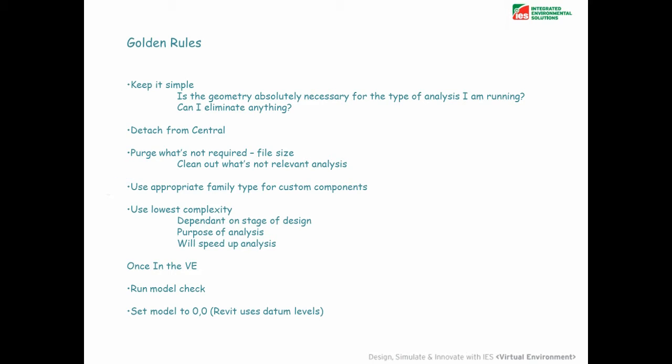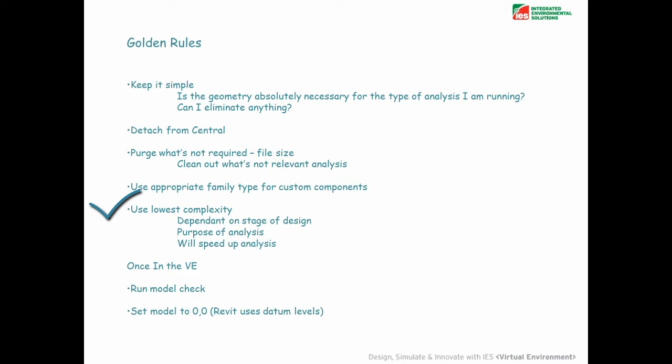The next one is to use the complexity that's relevant for the stage of design and the analysis that you're looking at. Maybe you're looking at certain lighting design or glazing arrangements, and you might want a detailed design complexity exported from Revit.